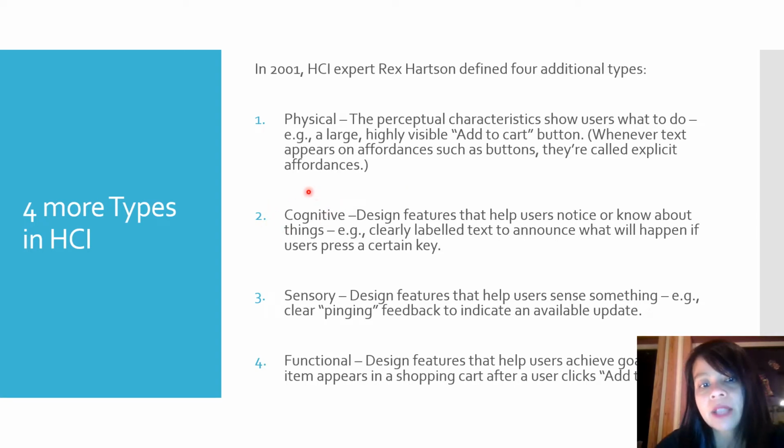There's also cognitive, where design features help users notice or know about things, like very clearly labeled text to announce what would happen if users press a certain key. There's also sensory affordances, where design features help users sense something, like a ping feedback to indicate an available update.